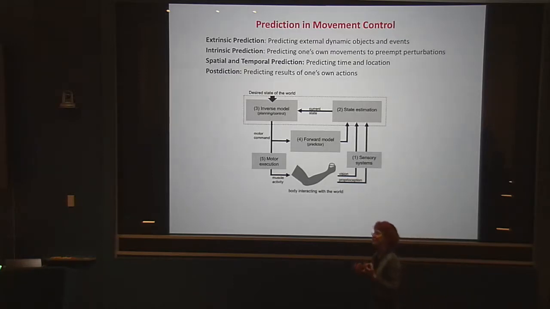That refers to the fact that I not only predict what is coming towards me when interacting with an object, but also what this object will do after my interaction with it. I.e., if I bounce a ball, not only do I need to intercept it, but there is a target. I will have to predict how the ball will behave after my interaction. We refer to it as post-diction.